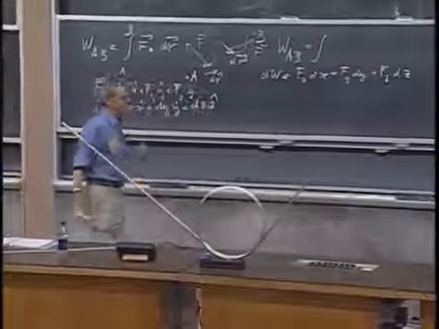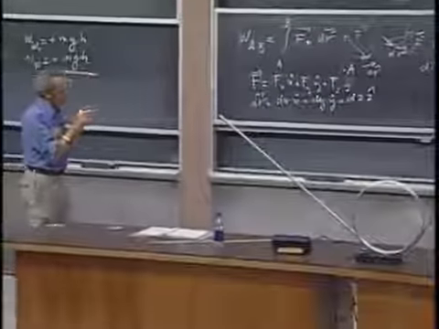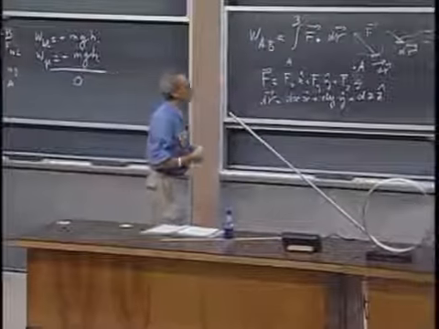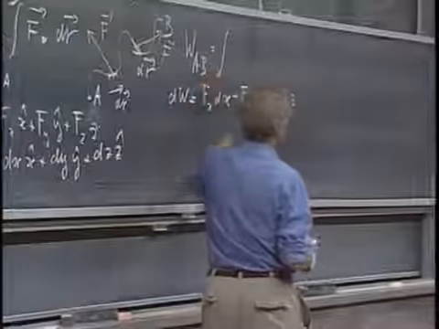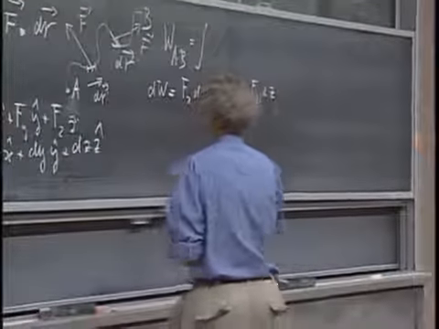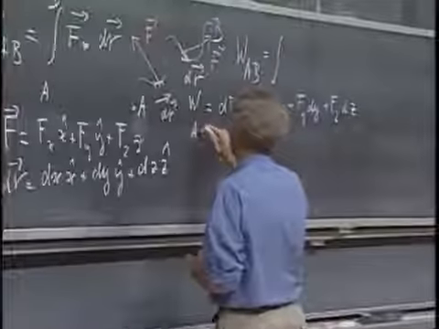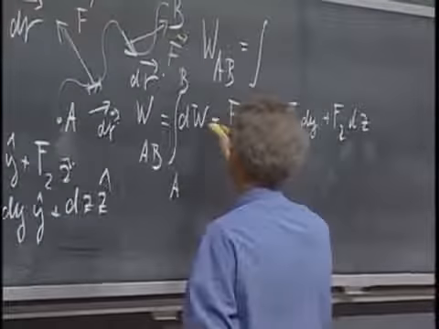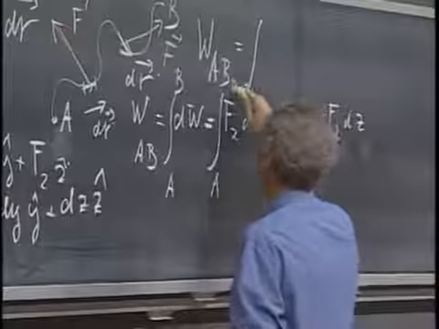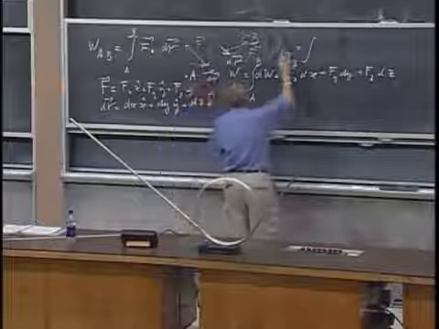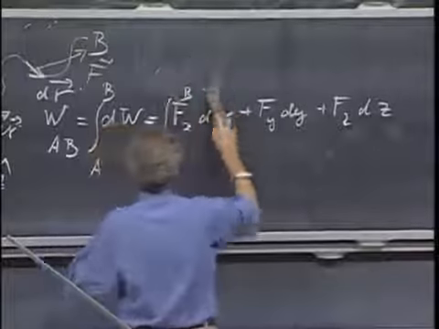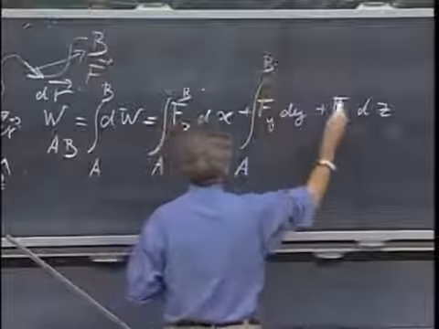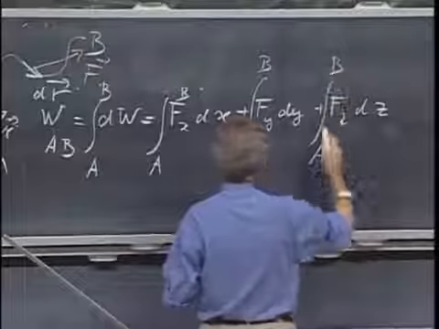That is a little bit amount of work if the force is displaced over a distance dr. Now I have to do the integral over the entire path to get W from A to B. That's an integral going from A to B, for each of the three terms.